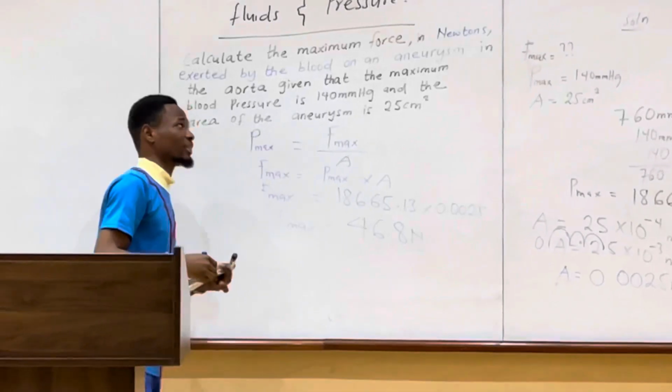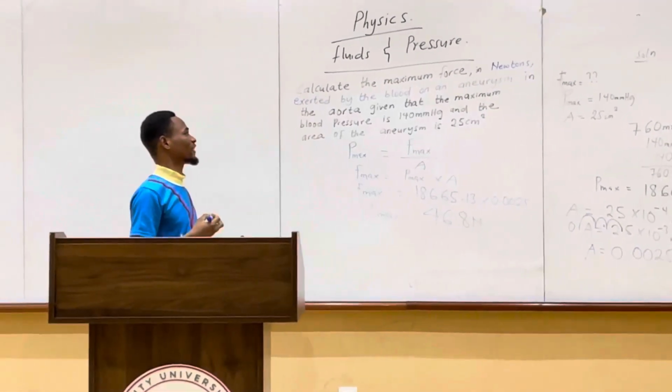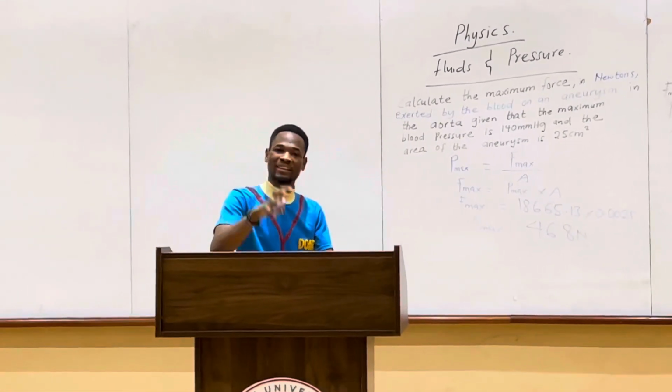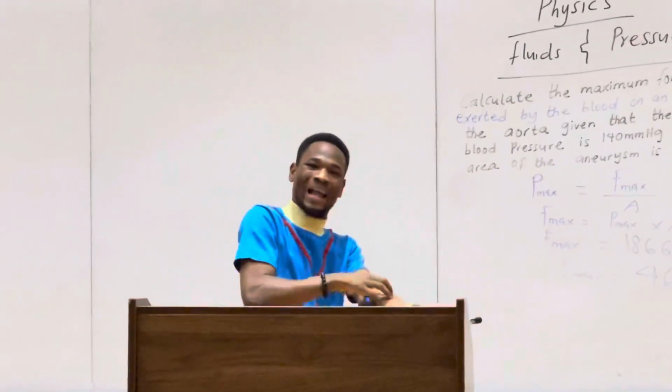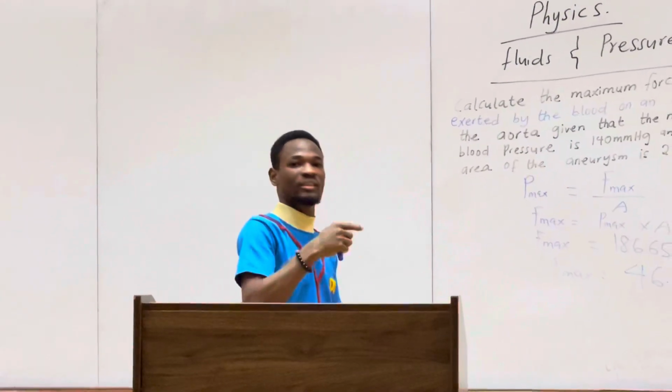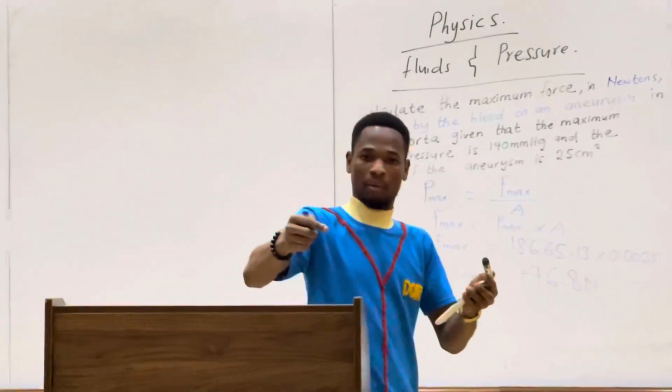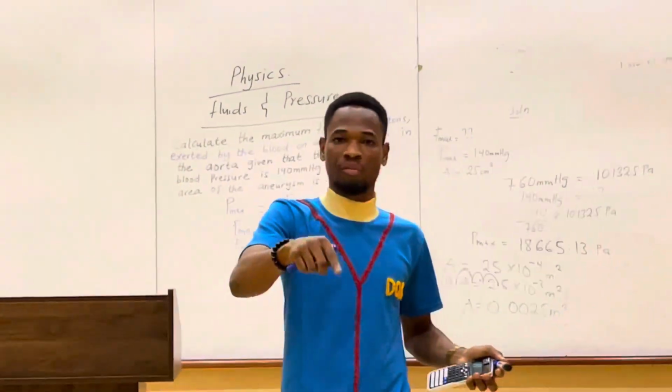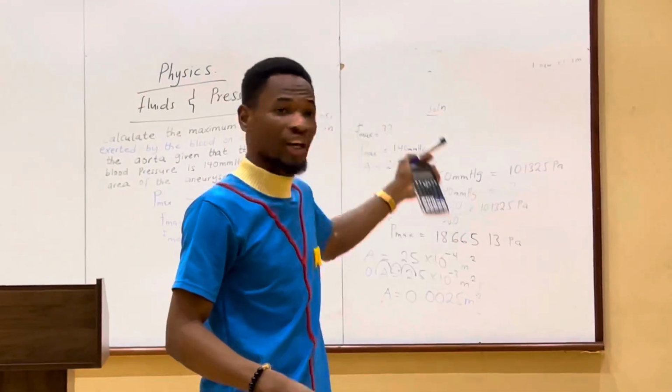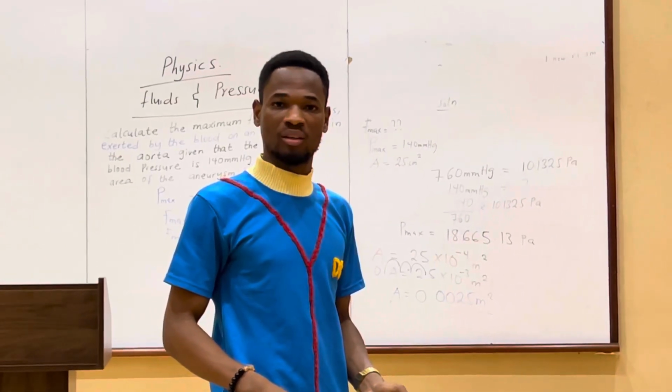So this is the maximum force that will be exerted by the blood on a particular patient or the person suffering from this condition, aneurysm. Do you get it that way?